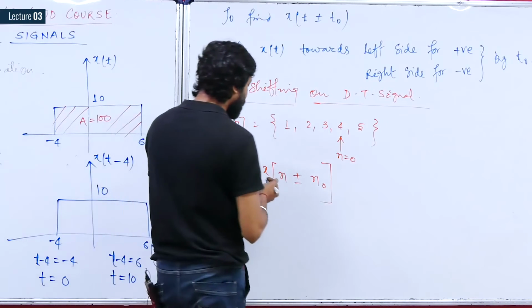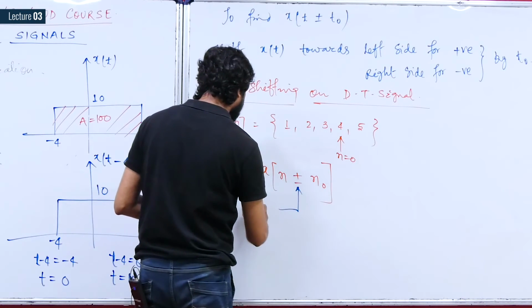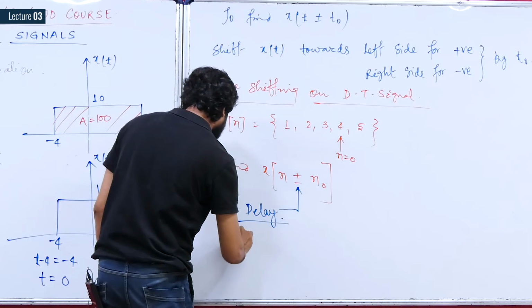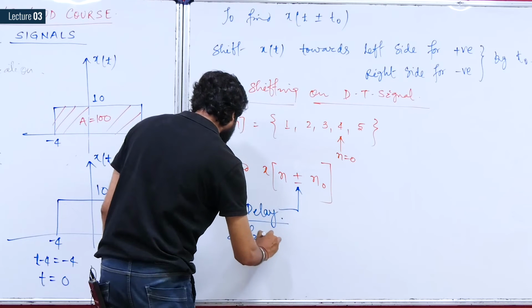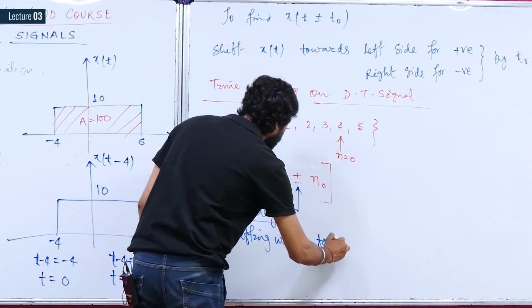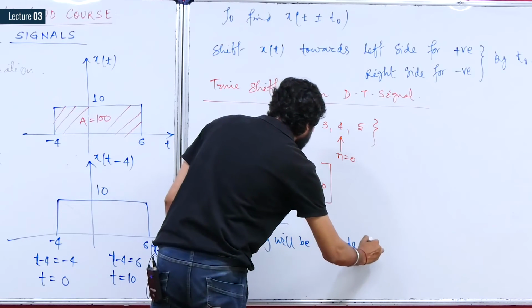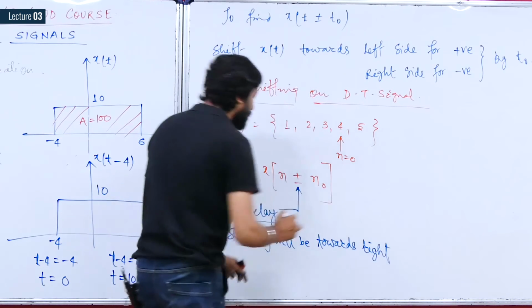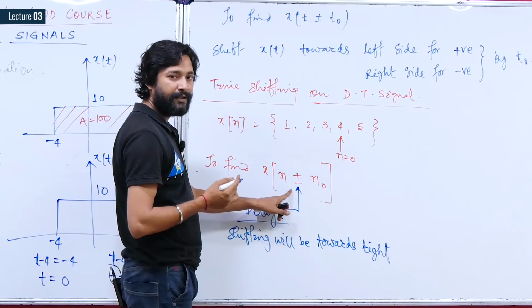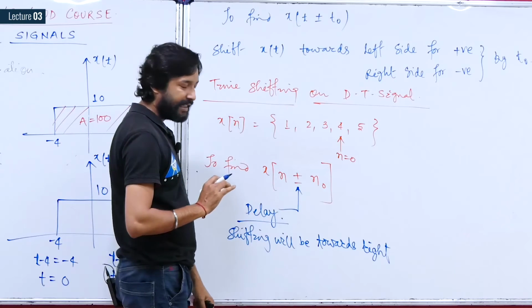So if there is a negative sign, then it means delay, and to delay any signal the shifting will be towards right. For negative sign it means you are going to delay any function, and to delay any function you shift that function towards the right hand side.